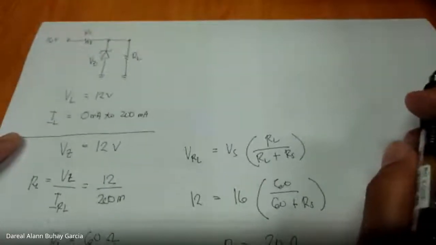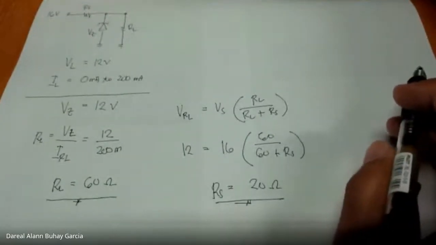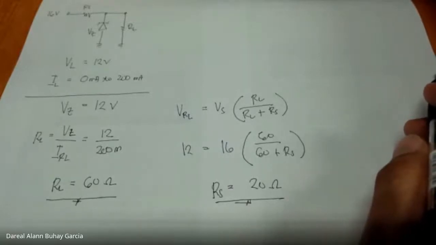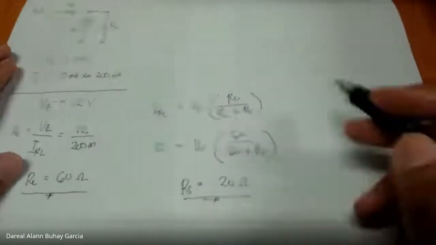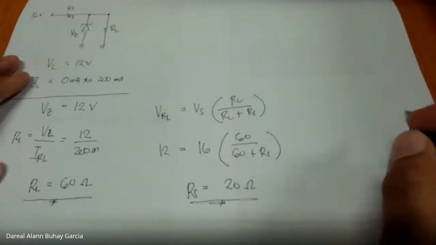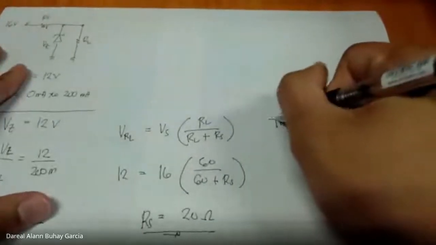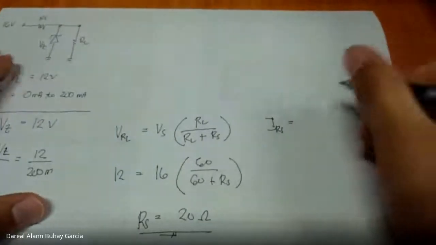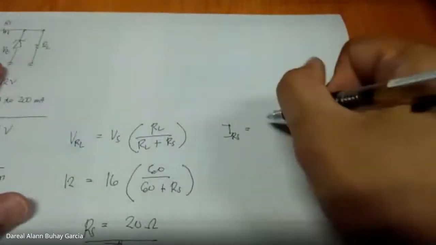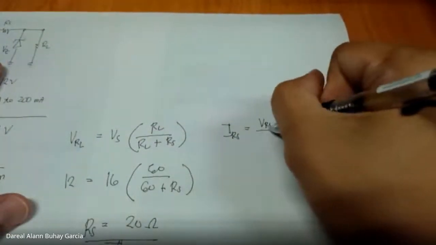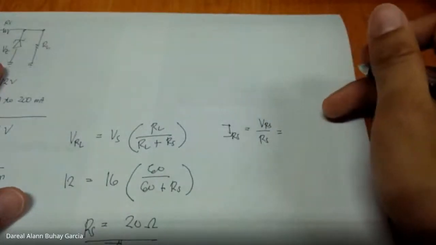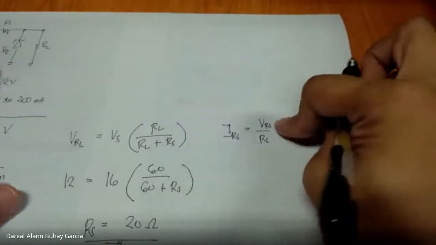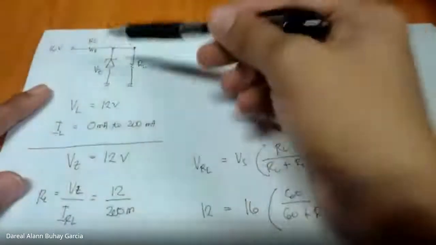Okay, current niya, IRS is equal to VRS over RS. 16 minus 12 is 4.